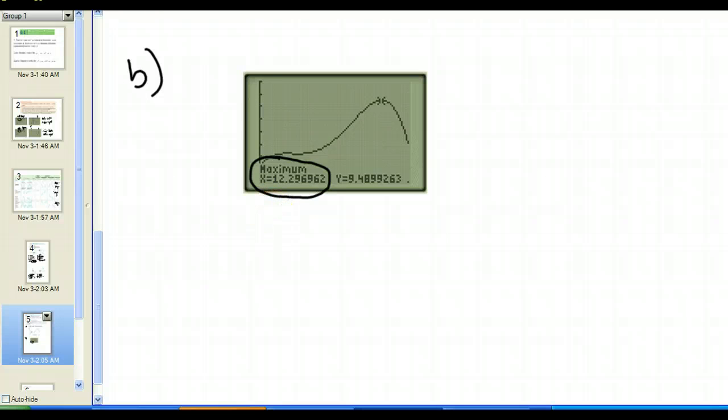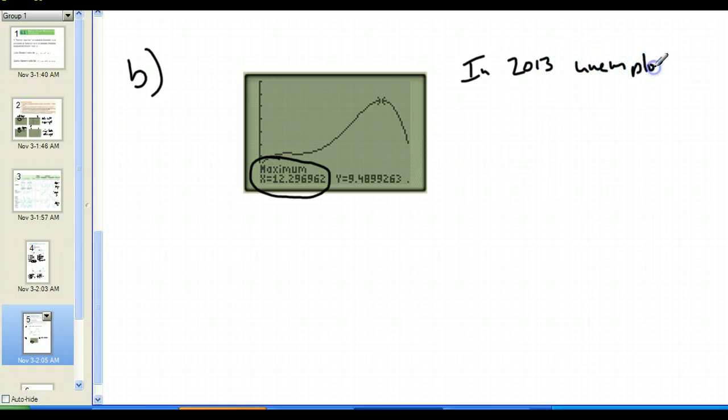Now 12 years after 2000 is 2012, and if X equals 0 means the end of 2000, then something like 0.1 would be in 2001. So 12 is the end of 2012, so 12 and some change would be sometime in the year 2013.